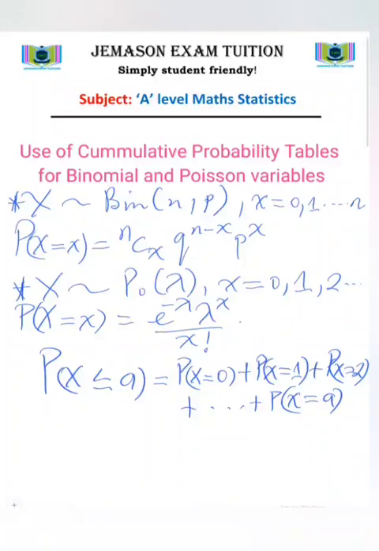So this calculation, as I've already said, if a is a large number, for instance 7, means that I have to sum up 7 calculations, and this usually is so lengthy that it will be time consuming during the exam.